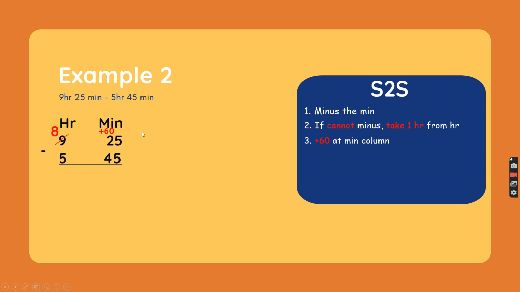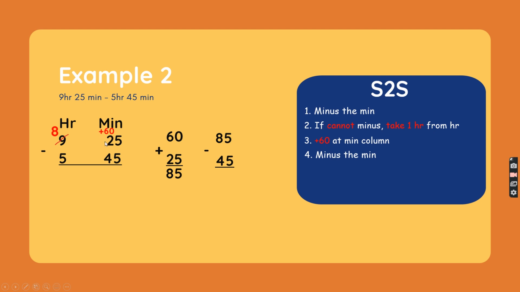We're going to do a side calculation over here to avoid confusion. We plus first and then minus later on. So 60 plus 25 gives us 85. Then this 85, we are going to minus with 45.